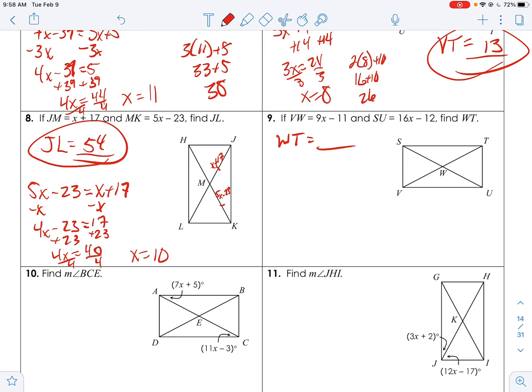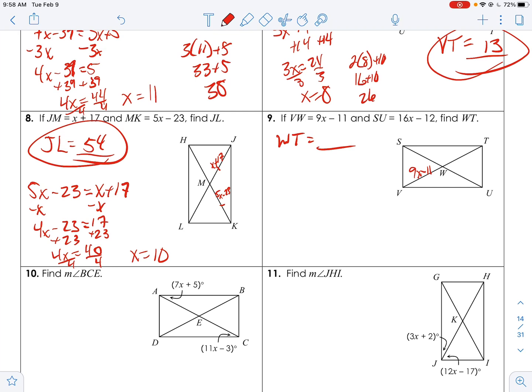So get x and find WT. I'll help you label it here. If VW is 9x minus 11 and SU all the way across is 16x minus 12, then what could you do to find it?